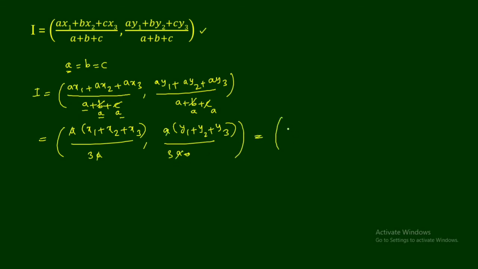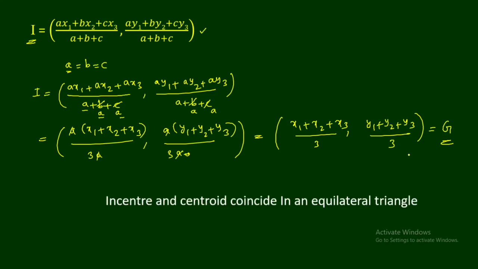So we have (x1 plus x2 plus x3) by 3, comma, (y1 plus y2 plus y3) by 3, which is nothing but the centroid of a triangle whose vertices are (x1, y1), (x2, y2), (x3, y3). So if the triangle is an equilateral triangle, the incenter will be equal to the centroid. So in an equilateral triangle, incenter and centroid will coincide.